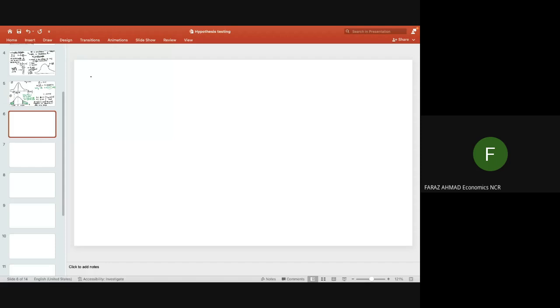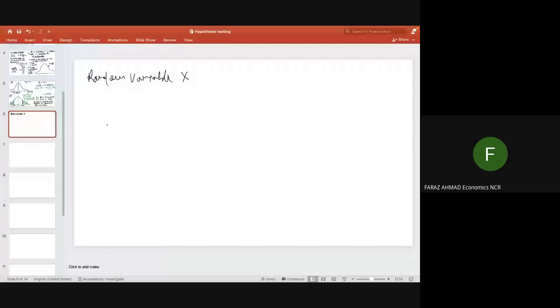I'll come to that, but before that, I just want to make a general statement with an example. Suppose there is a random variable x, right?